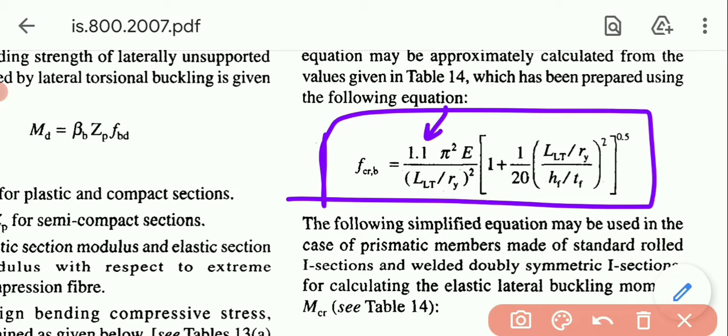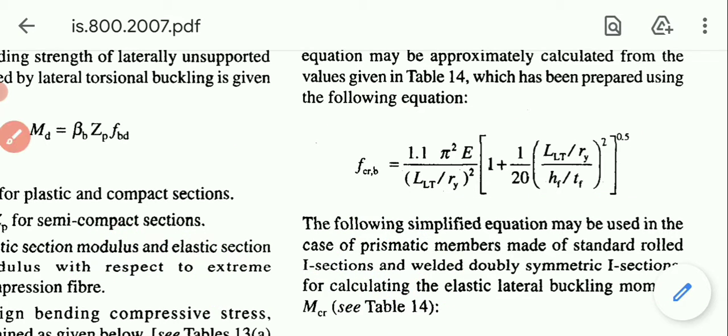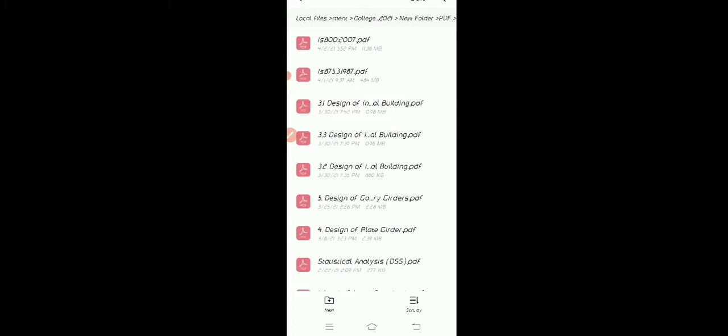The formula is 1.1 pi square E divided by lambda_LD bar y square, in the bracket 1 plus 1 by 20 in the bracket LLD bar y divided by hf by tf, whole squared, whole raised to 0.5. This is the formula we are going to use. Once we get the value of fcrb, then using table 13b we can directly calculate the value of fbd. Clear? So first of all let's calculate the unknown parameters and calculate fcrb.